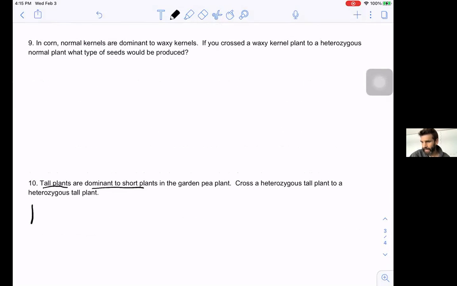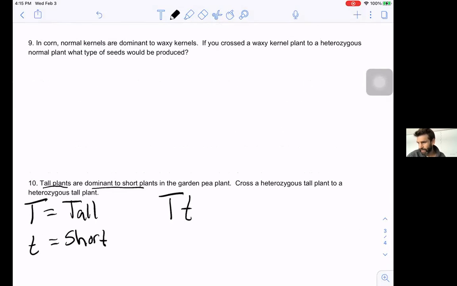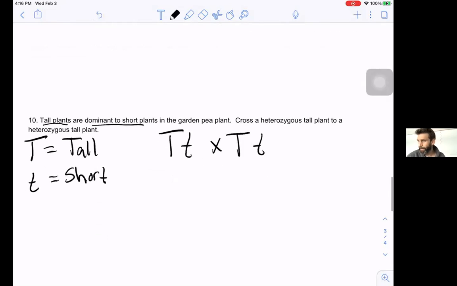So we know that capital T is tall and lowercase t is short. Cross a heterozygous tall plant to a heterozygous tall plant. We have done this version before.